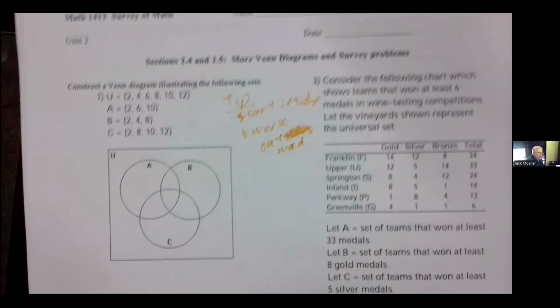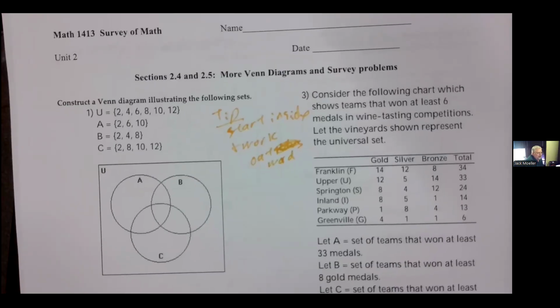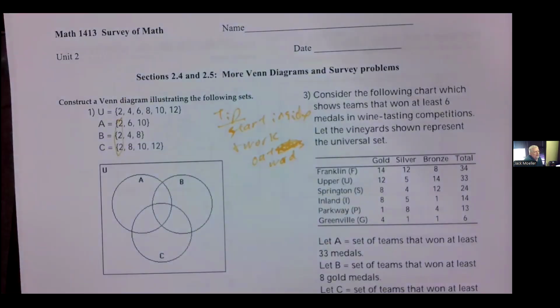All right. So what do I mean by start on the inside? Well, if you look at our sets A, B, and C, it should kind of jump out at you that they all have 2. Well, where is that 2 going to go? Where is A intersect B intersect C on this Venn diagram?